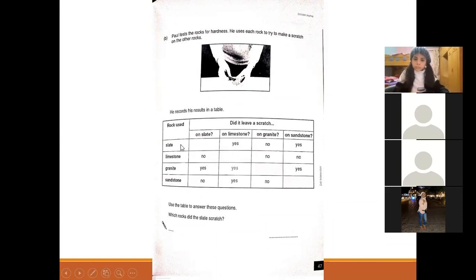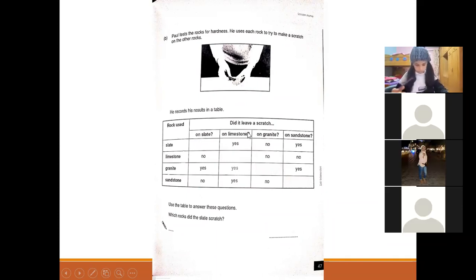Let's take the slate at the beginning. Now he has the slate. He tried to scratch the slate with, I'm sorry, it's the other way around. He tried to scratch the limestone with the slate. Did it leave a scratch? Yes. Okay, so the slate was able to scratch the limestone. Now he tried to scratch the granite using the slate.